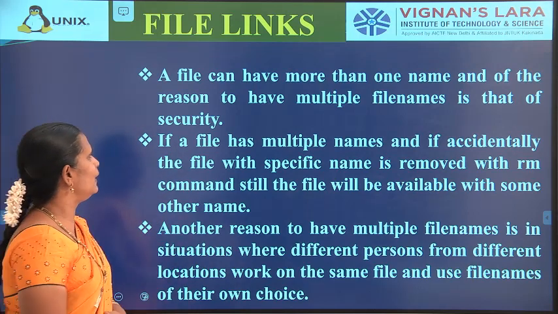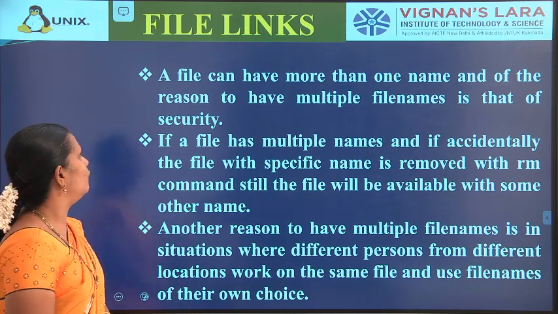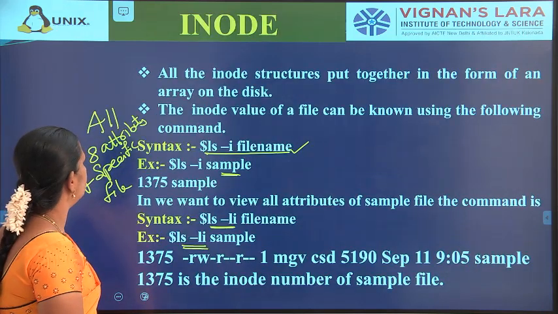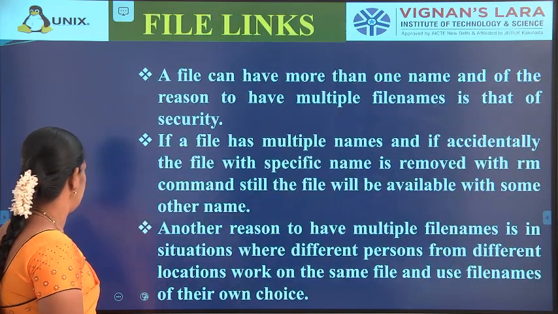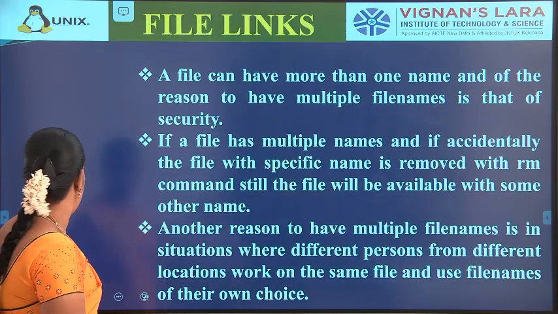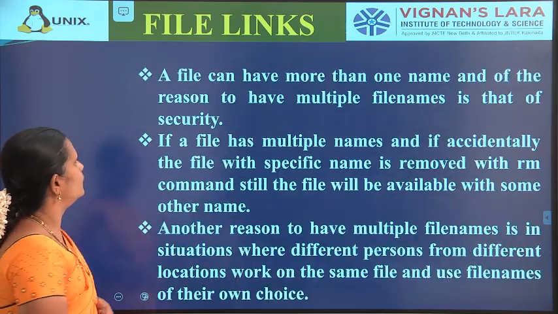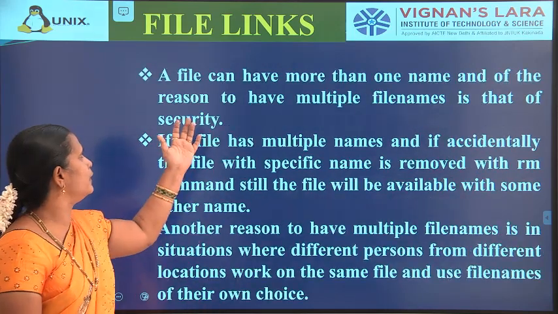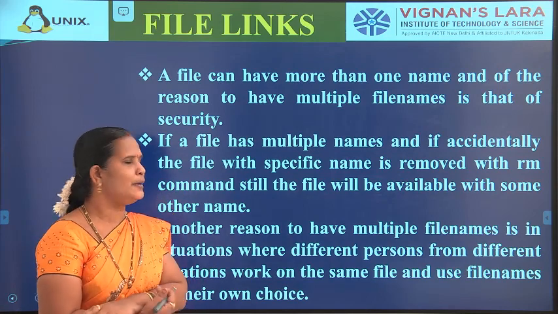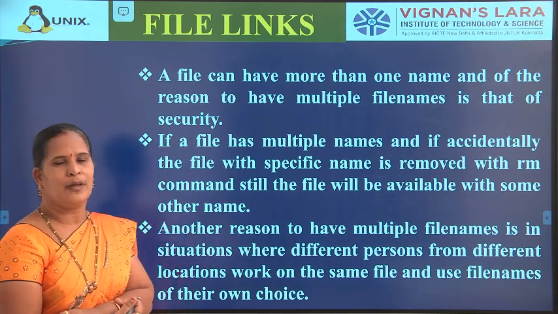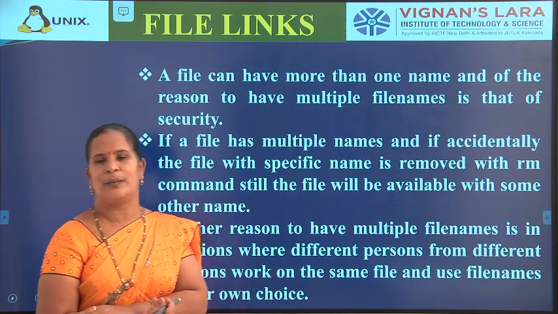A file can have more than one name. The next topic is file names. Actually, a file can have more than one name. Why do we use multiple names for a single file?